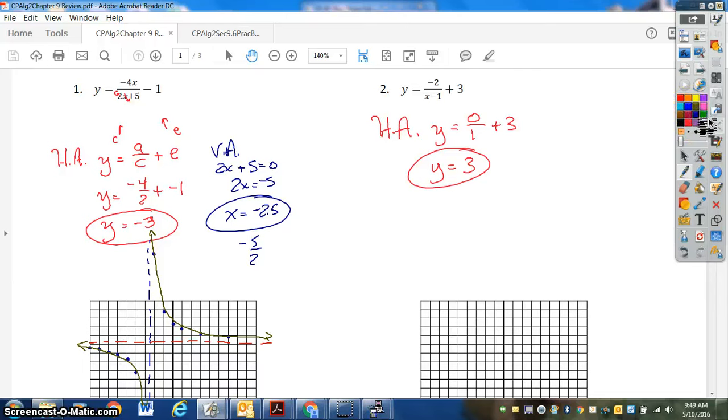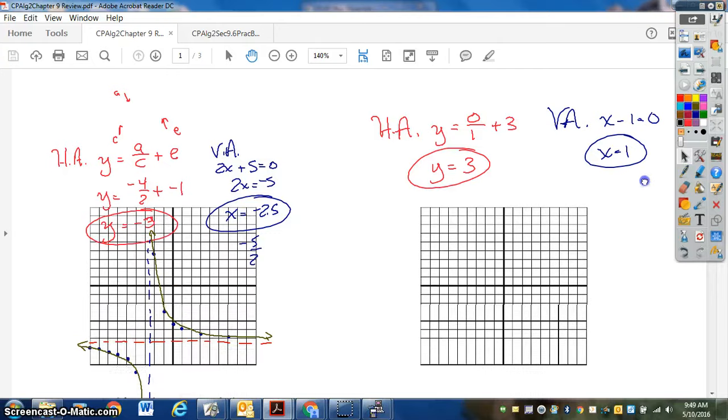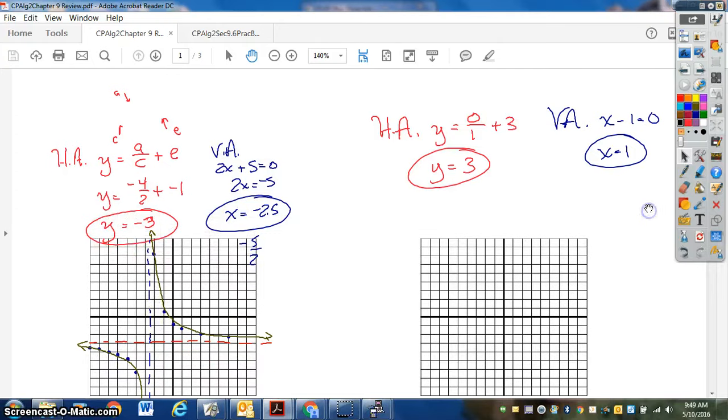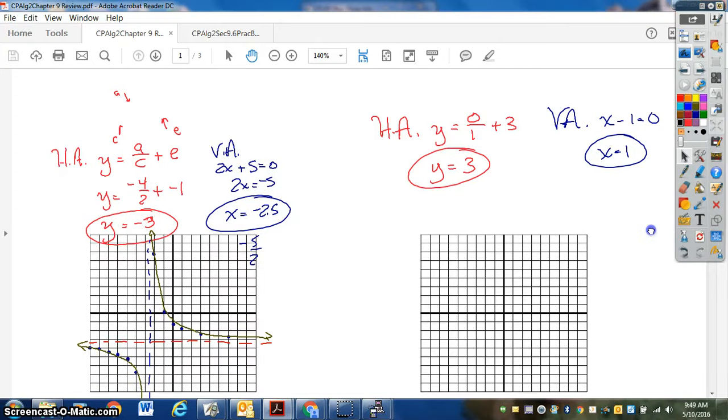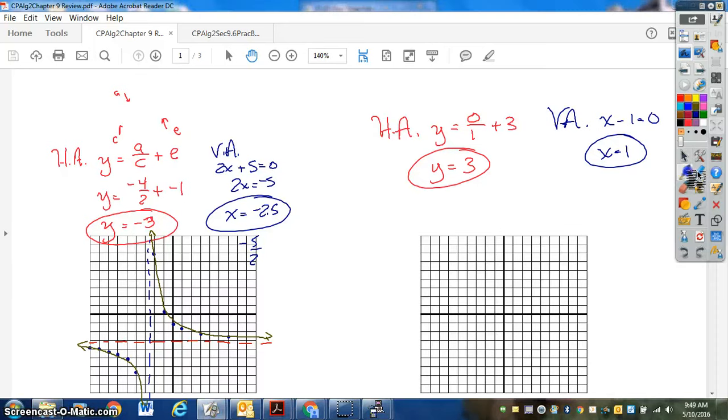My VA is the bottom equal to 0, so x is equal to 1. So when you go to do this graph, my vertical asymptote will be at 1, this guy here. My horizontal asymptote will be at 3, which is this guy here.